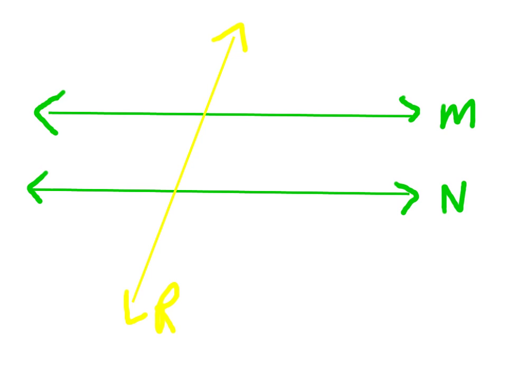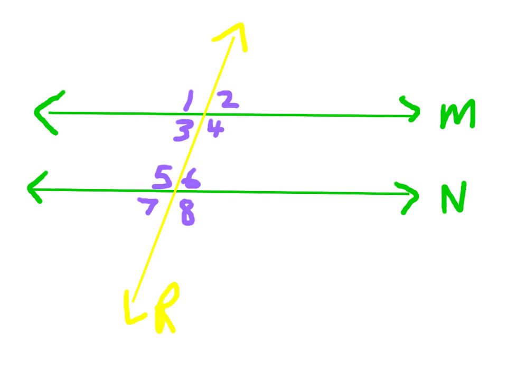So when we draw that transversal, there are several angles that are formed. So I'm going to label these angles 1, 2, 3, 4, 5, 6, 7, and 8.